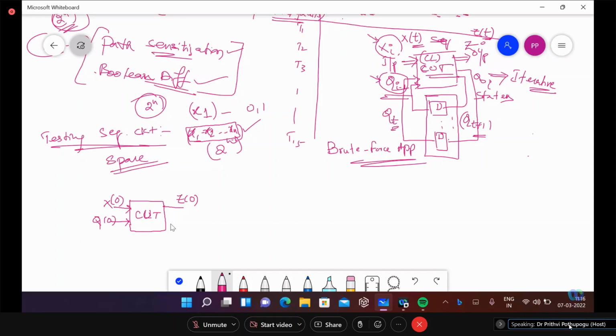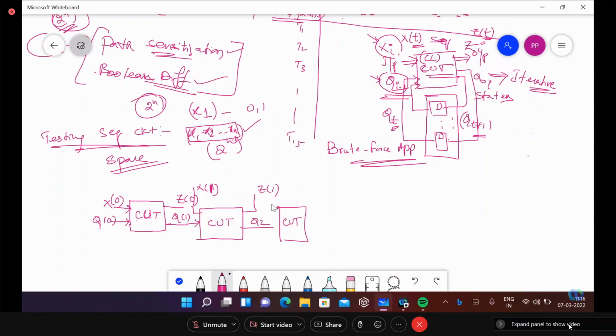Not only that, the Q of 1 is given to the repeated circuit under test, which is fed with new input X of 1 and the previous response Q of 1, which derives Z of 1 and Q of 2. Then X of 2, and so this goes on.